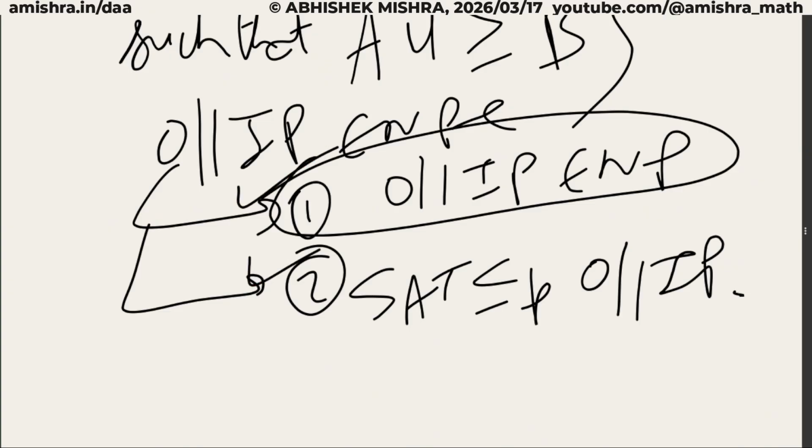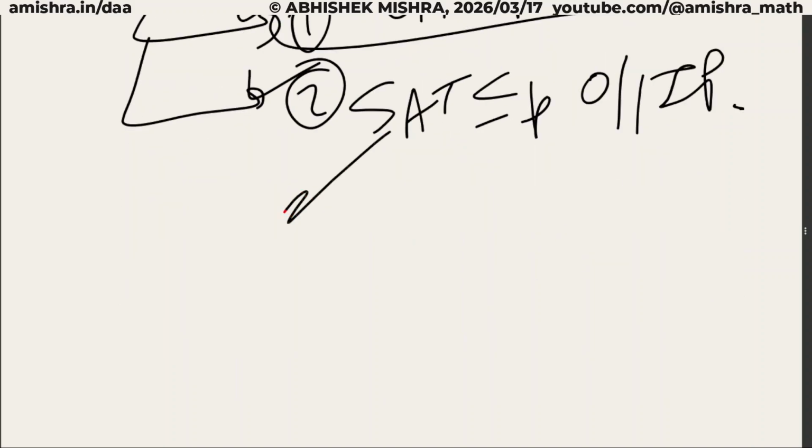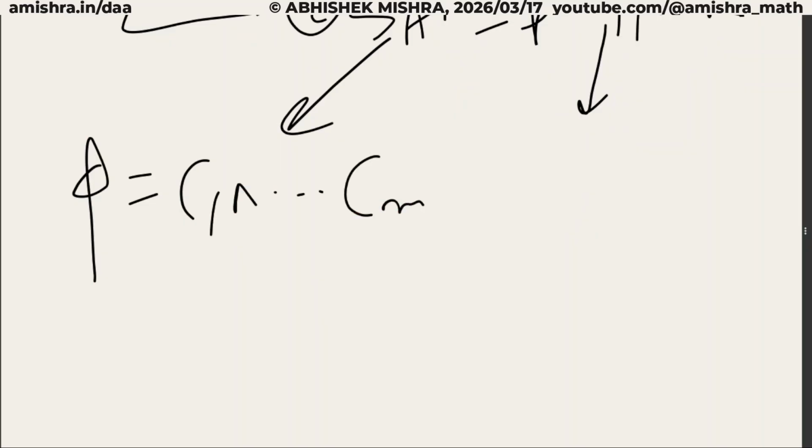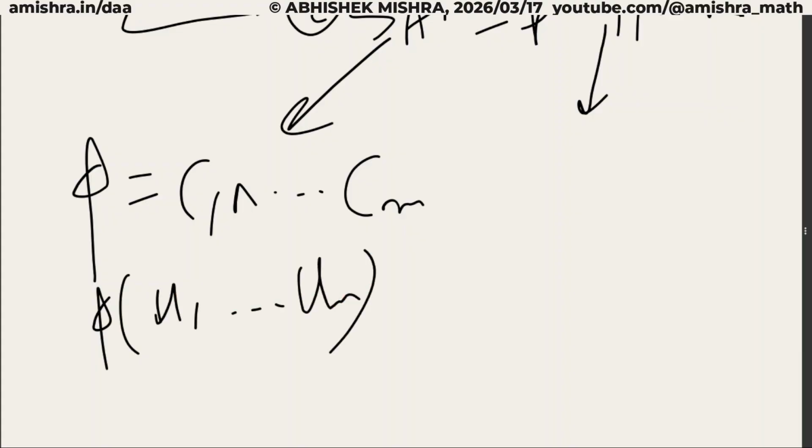Now the second part is also very simple. We have to prove that satisfiability reduces in polynomial time to 0-1 integer program. So again, this is very simple. Here our input is a formula phi. Let its clauses be C1 up to Cm, and let phi have n variables U1 up to Un.